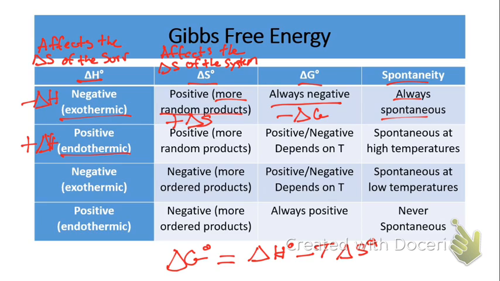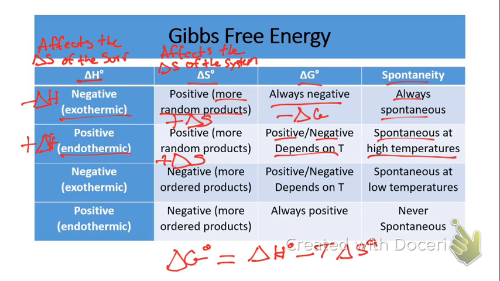However, what if delta S is positive? So we have a positive delta H and a positive delta S. Okay? Well, will delta G be positive or negative? Well, that depends on the temperature. If the temperature is high, then the process will be spontaneous and delta G will be negative.